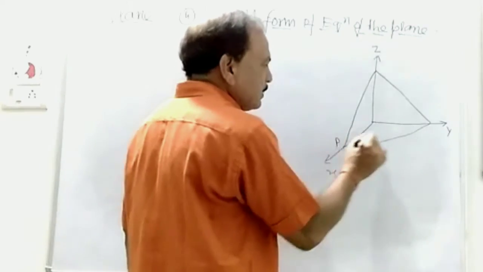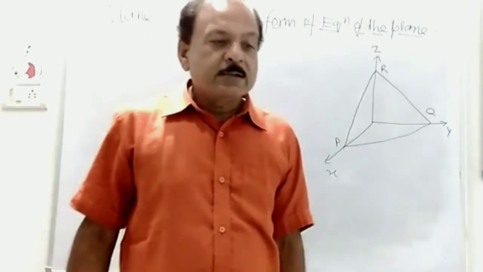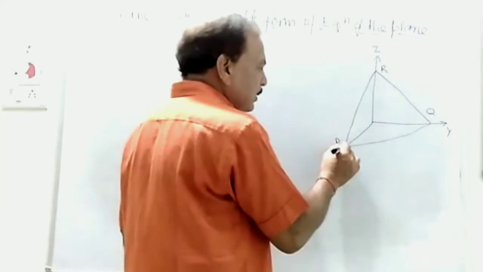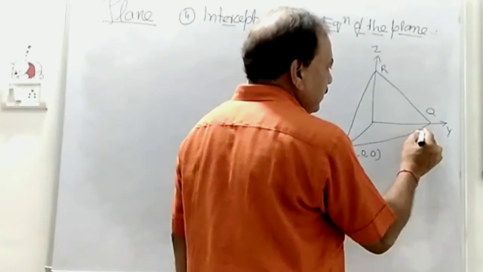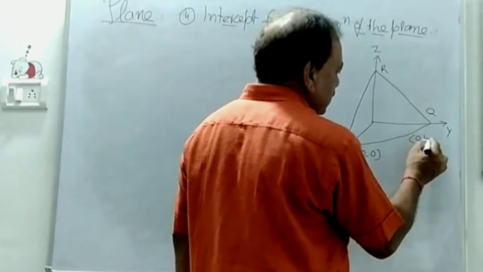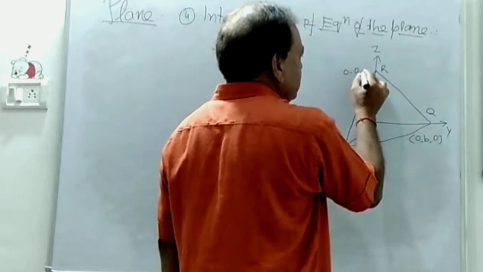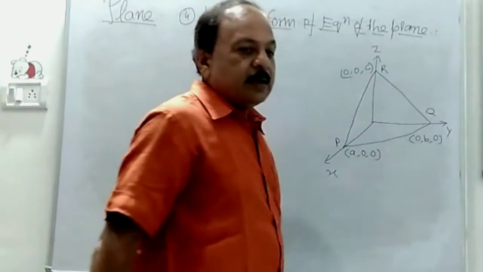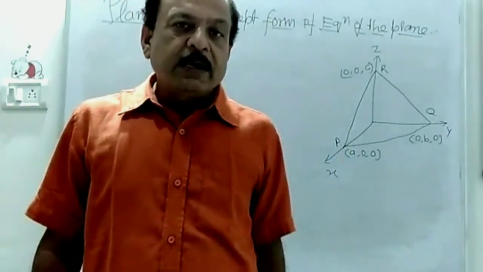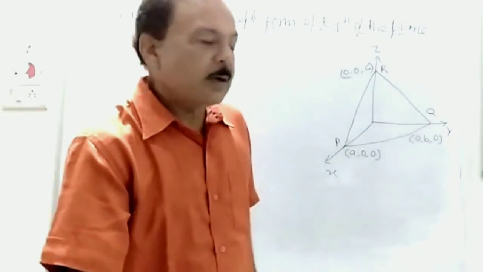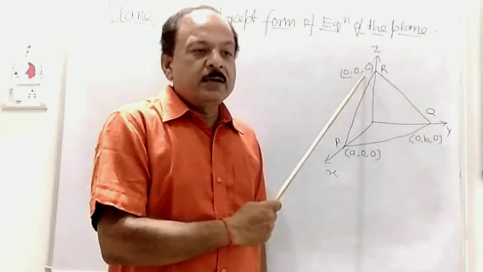Then the coordinates of these points are A, 0, 0, then 0, B, 0, and this will be 0, 0, C. So these are the intercepts made by the plane on x-axis, y-axis and z-axis: A intercept on x-axis, B intercept on y-axis and C intercept on z-axis.